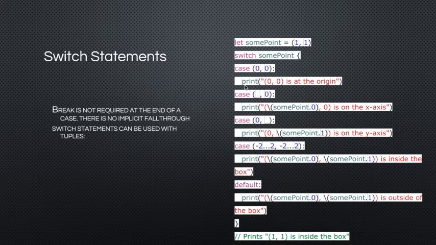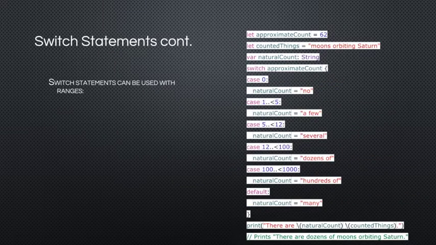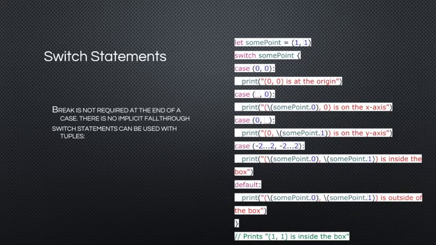Now, if you want the classic C++ implicit fall through behavior, there's something called, I'll get to that later actually. Other things about switch statements: you can use them with tuples, which can get kind of complicated, so I won't go into too much detail here, but if you take a look at this example, you can understand it pretty clearly if you know what tuples are.